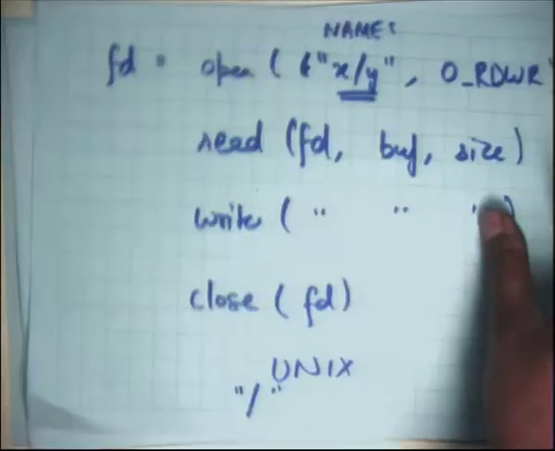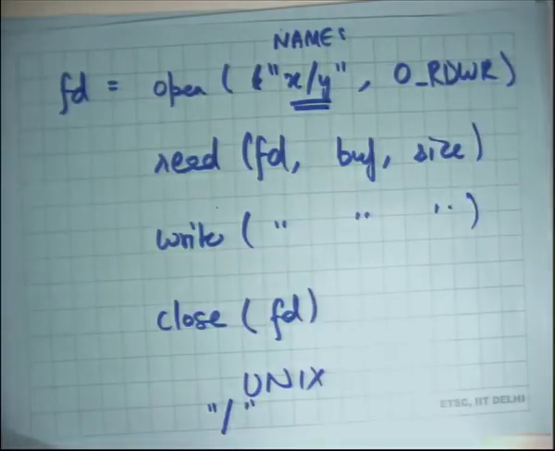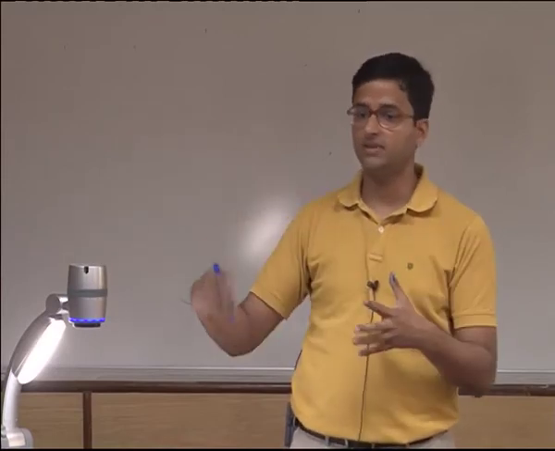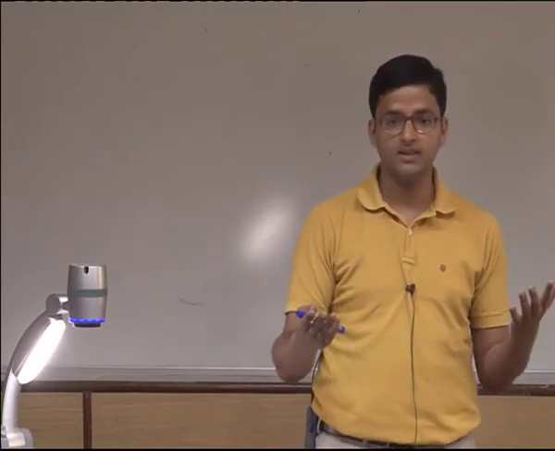It's not just used for accessing on-disk files, it's also used for accessing things like pipes. For example, you can call read and write on pipes. We have seen that before. It can be used to access devices. I can call read and write on the console device, and it basically means the same thing, or any other device for that matter.